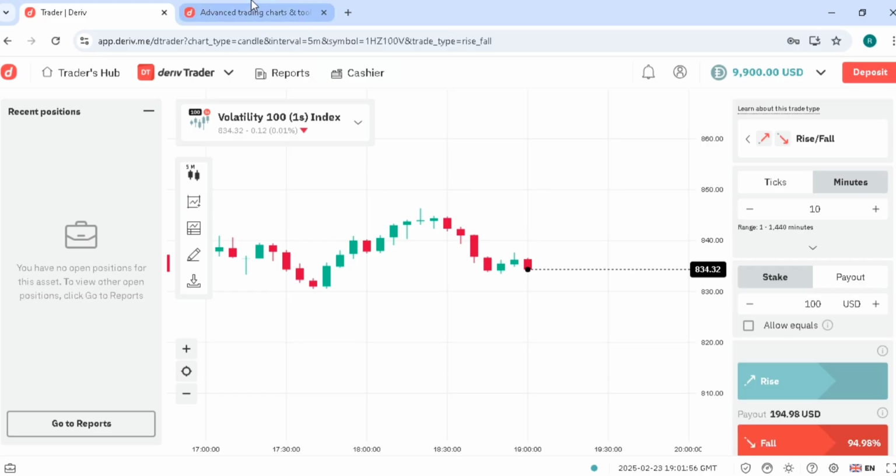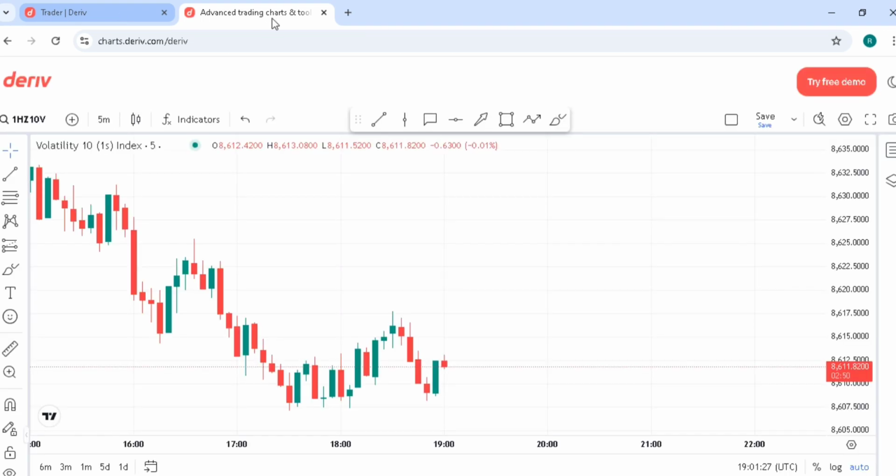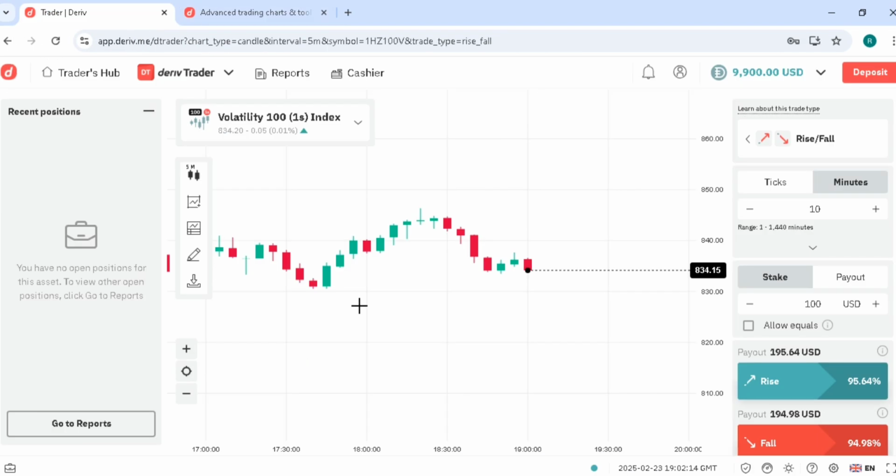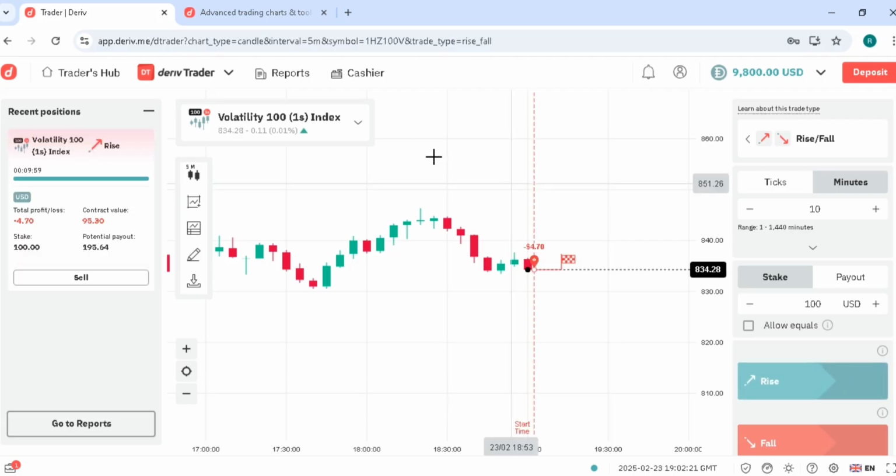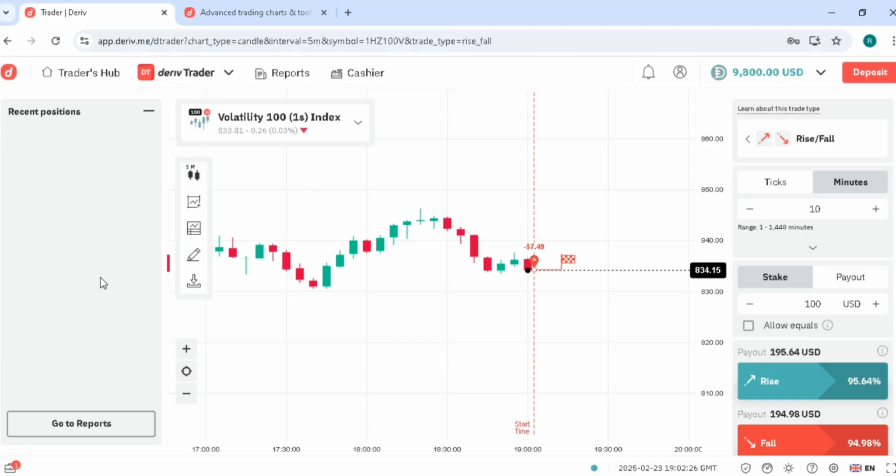And it was 10, was it 10 ticks? And it should rise, 10 ticks, and it is a rise. Sorry, this is 100.